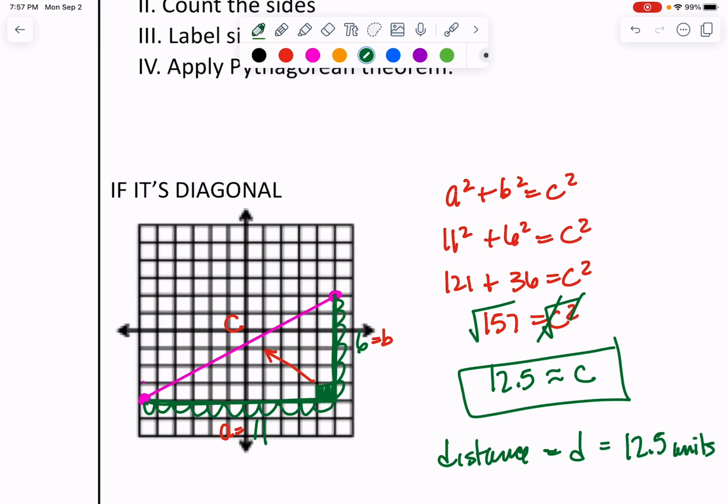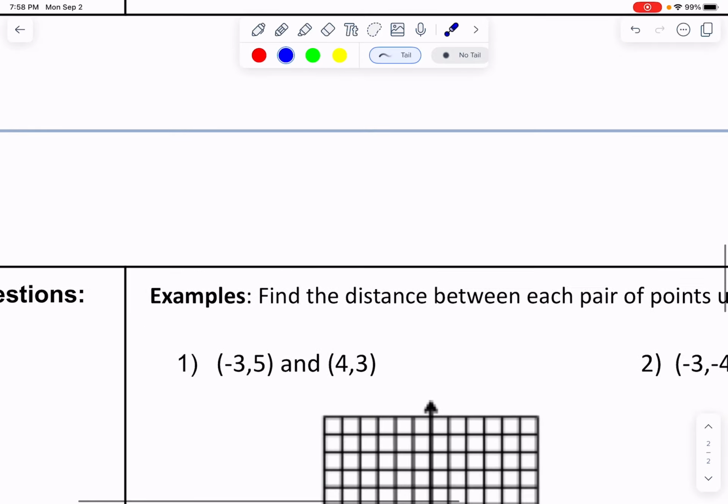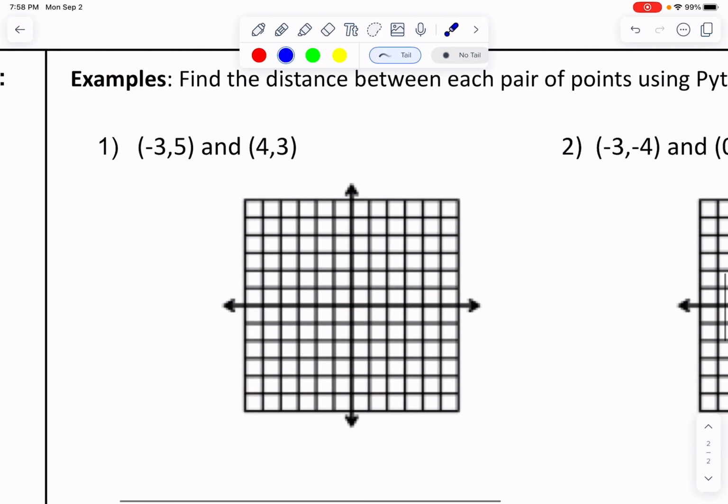Remember, the hypotenuse is the longest side. Our two other sides were 6 and 11, so it has to be longer than 6 and longer than 11. All right. So now let's do a couple more examples.